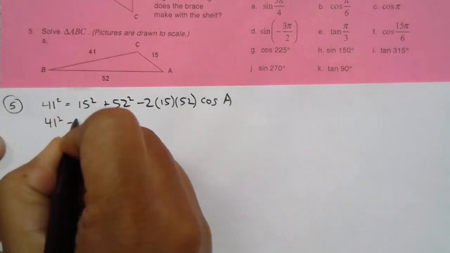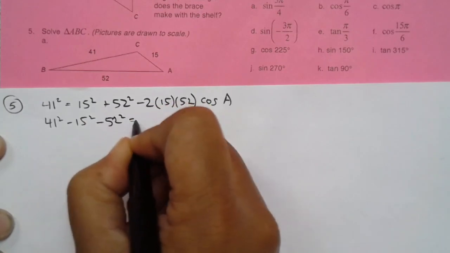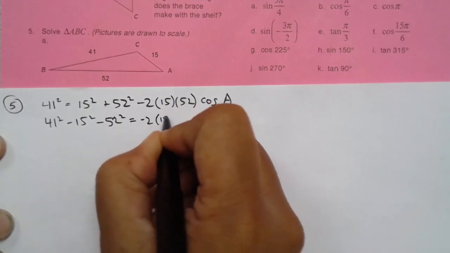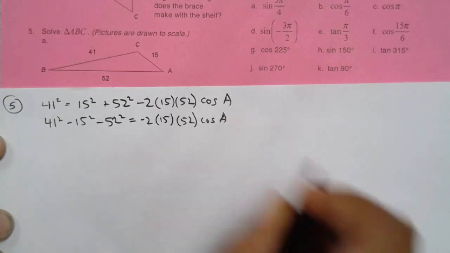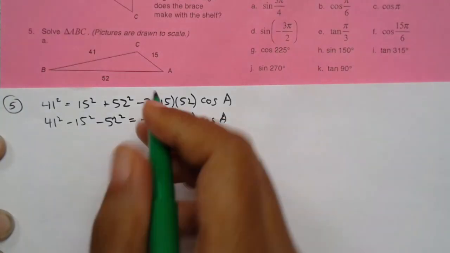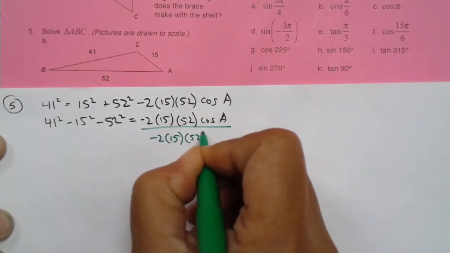So 41 squared minus 15 squared minus 52 squared equals negative 2 times 15 times 52 cosine of A. To get rid of this, we have to actually divide that to the other side. Negative 2 times 15, 52.